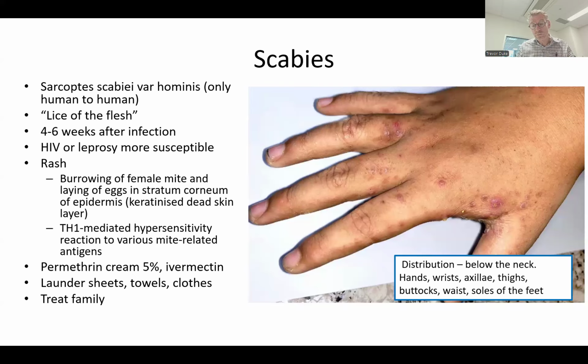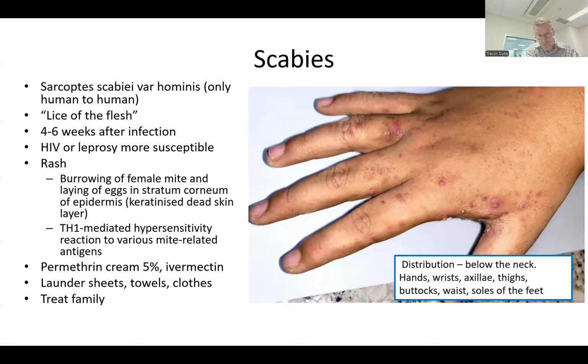The distribution is always below the neck, so it's very rare to get scabies on the neck or the face. It's usually the hands, the wrists, the axillae, the thighs, the buttocks, the waist, and the soles of the feet, and it's extremely itchy. The treatment is 5% permethrin cream, or ivermectin is also effective against scabies.